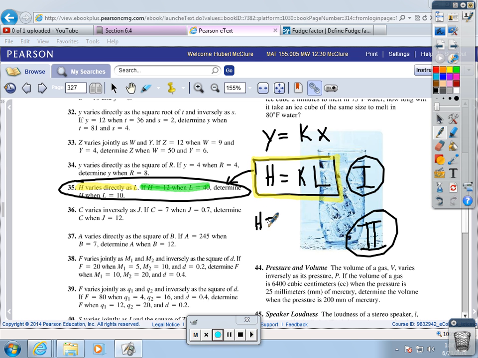H is equal to K times L, and they give us 12 is equal to K times 40. What's the only variable I can solve for? K. So divide by 40, divide by 40. I'll just do it by 2's. It's 6 over 20 and 3 over 10, which is 0.3. So 0.3 is equal to K.